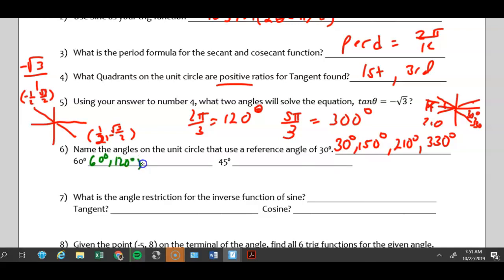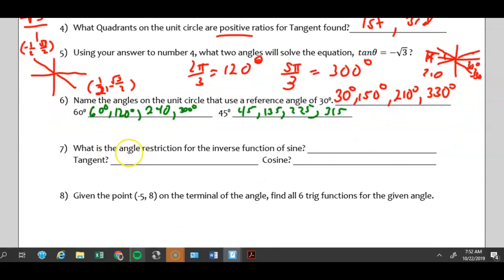In the third quadrant, you're going to have 240 degrees, and also in the fourth quadrant, you're going to have 300 degrees. And then 45 degrees is, of course, 45 degrees, 135, 225, and lastly, 315.